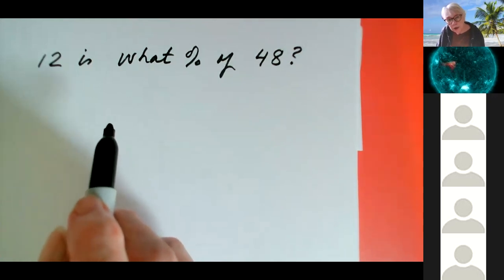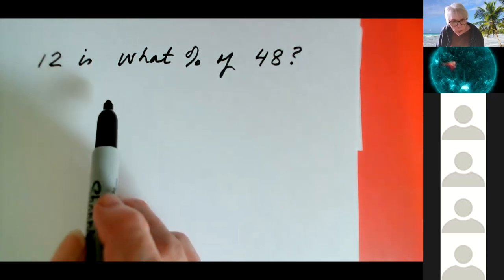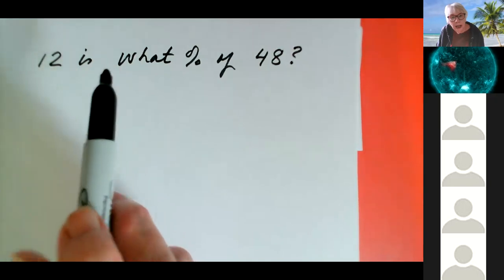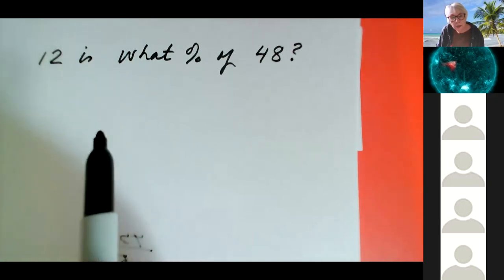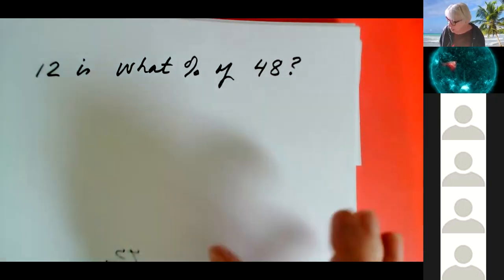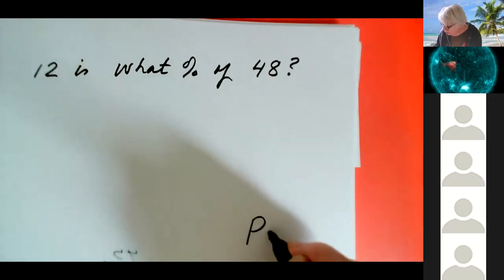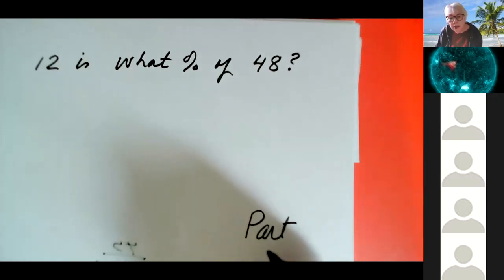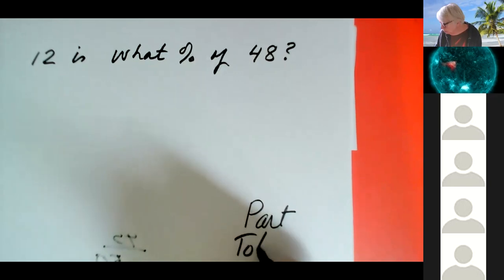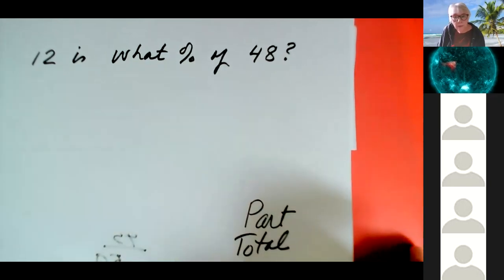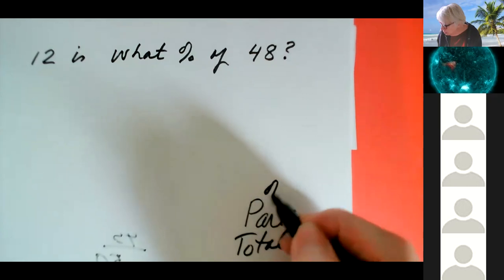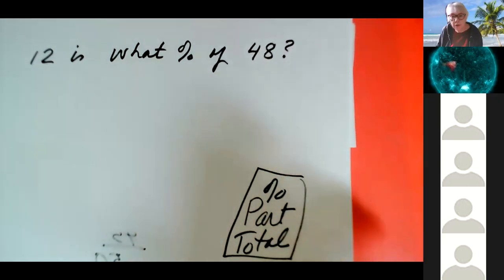There's another approach that may work just as well for you. And it was taught like this. One of these numbers is the part. One of these numbers is the total. And of course, one number is the percent, and the percent is easy enough to find.